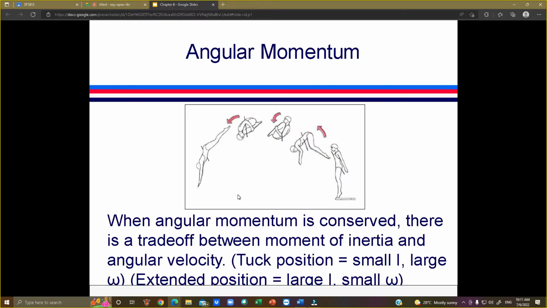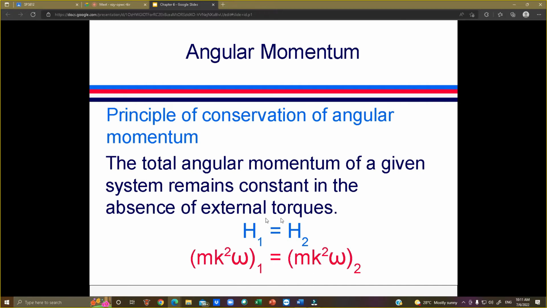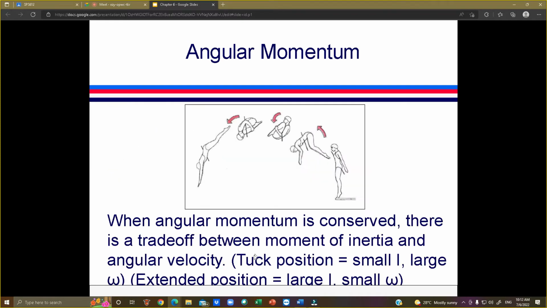This is the principle, the same as linear momentum, where we have the principle of momentum conservation. Momentum before collision is going to be equal to momentum after collision, but in angular momentum, it is the momentum for every single phase of action.